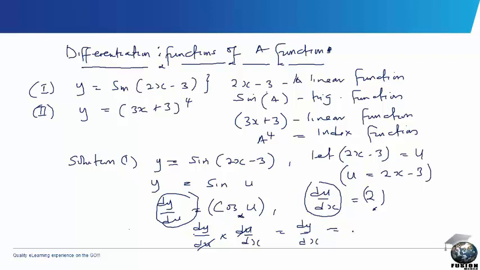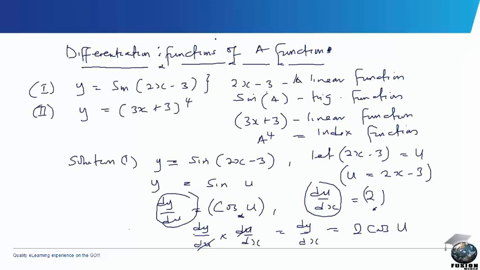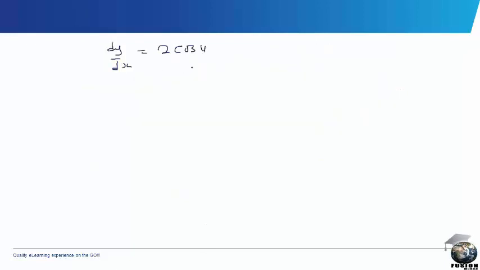So I have 2 times cos of u, which gives us 2 cos u. So we can say dy dx is equal to 2 cos u, where u is equal to 2x minus 3, and so this is 2 cos of 2x minus 3. This is the dy dx of that function.